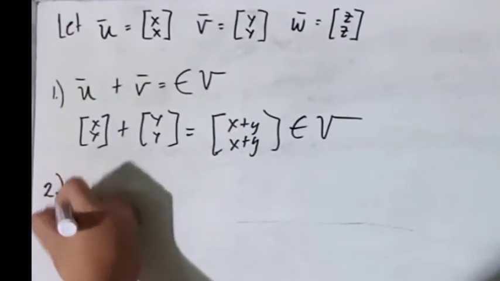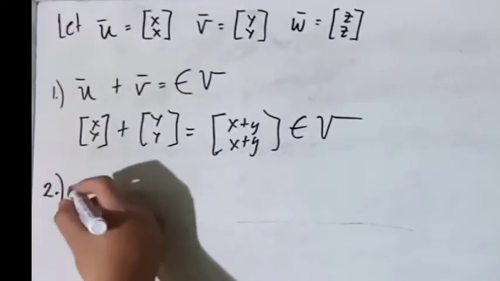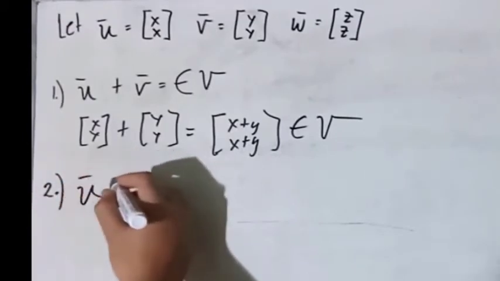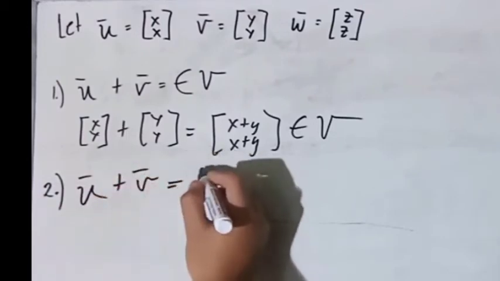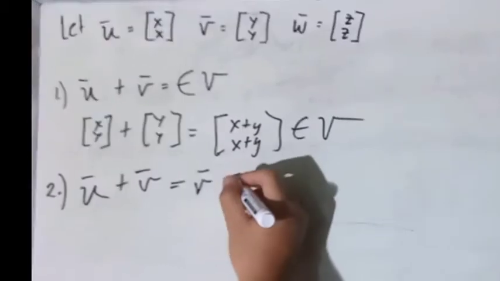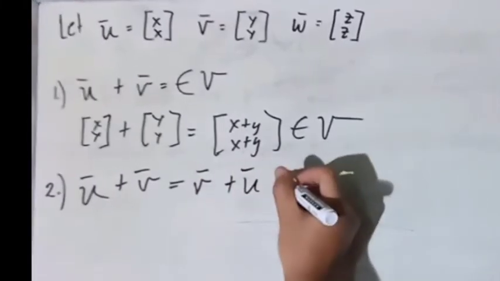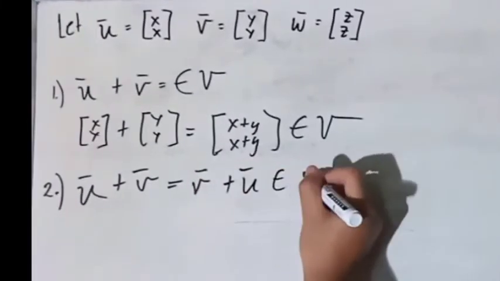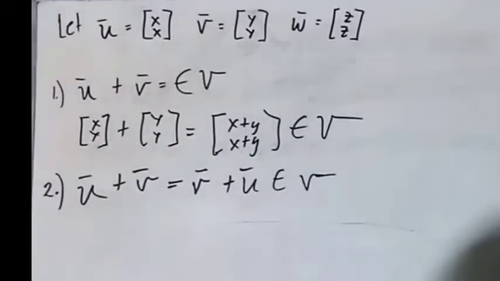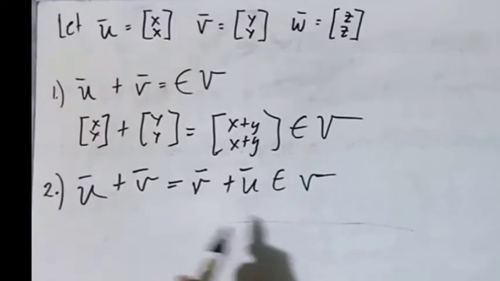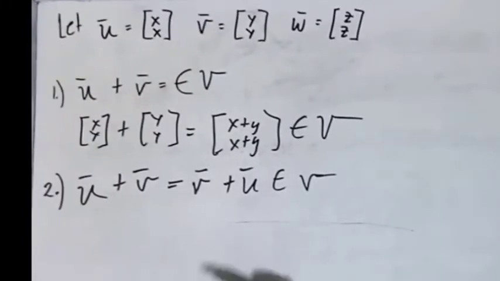Next, we have another property, which is vector U plus vector V is equal to vector V plus vector U. So we're going to prove that the two vectors are commutative.